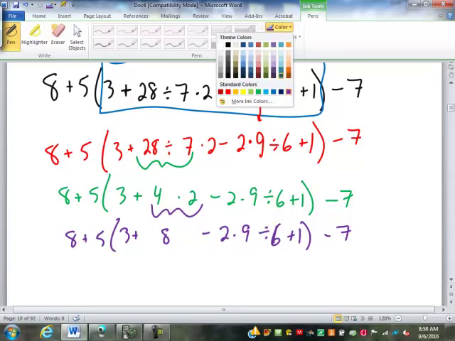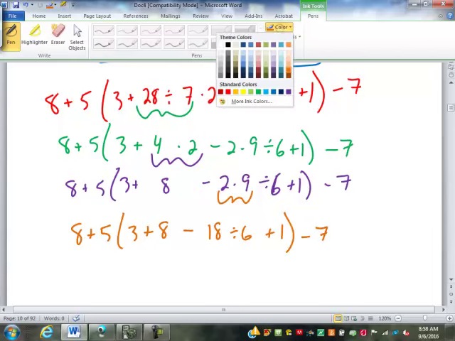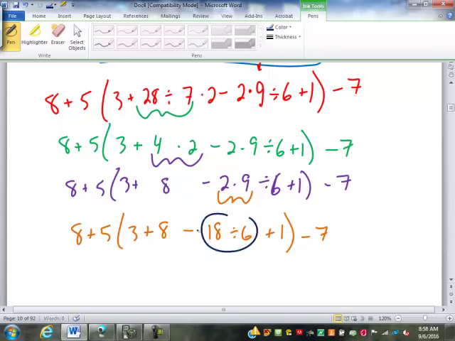Next, now we're over here to the 2 times 9, which is 18. So the 2 times 9 gets replaced with 18. And then 18 divided by 6, which is 3.